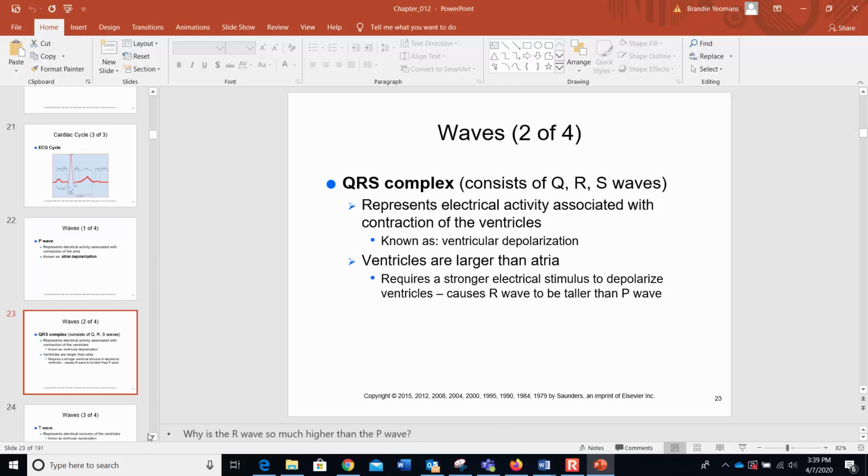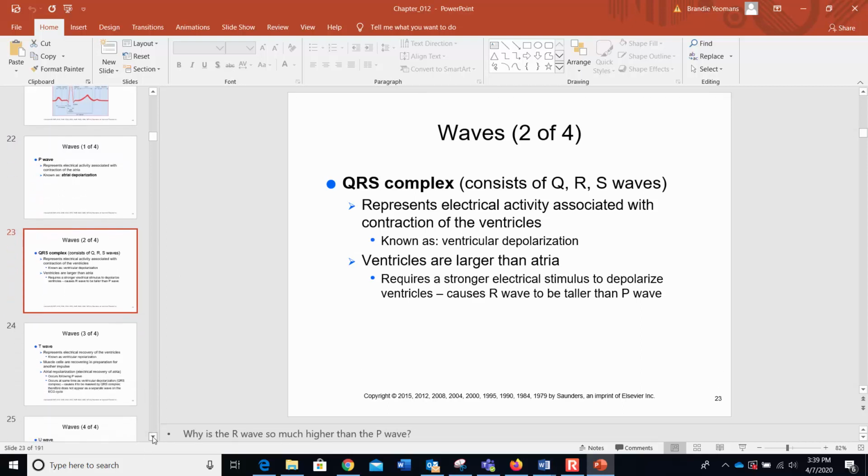Then we get to our QRS complex. Okay, so that's your Q, your R, and your S part of the wave. And this is representing the electrical activity that's associated with the contraction of the ventricles. So now we've gone from the top part of the heart contracting in the P wave, to the bottom of the heart and those ventricles, the large parts, and they're contracting. So this is called ventricular depolarization.